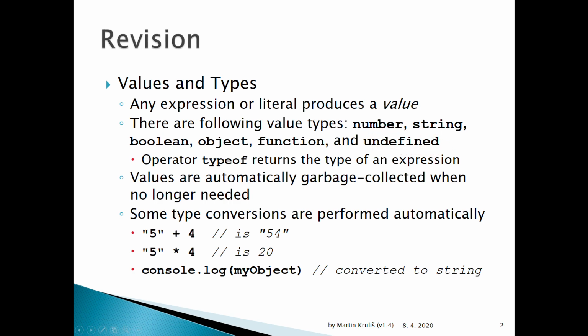Don't mix it up with null, because null value is also valid in JavaScript, but it's not undefined. We have the typeof operator, which can determine the type of any value passed into this operator. Values are automatically garbage collected when no longer needed, so unless you attach a variable to a value, the value itself is automatically garbage collected.